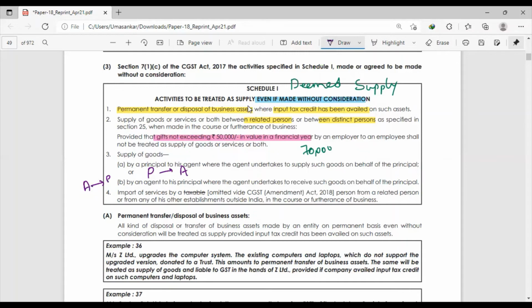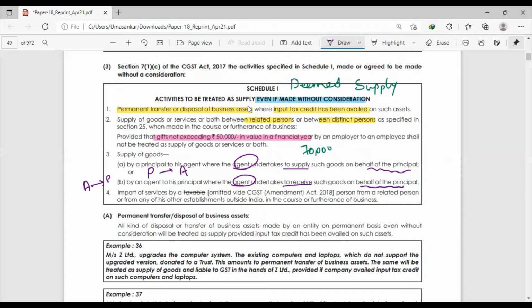So here the principal sends goods to his agent, who further supplies or receives such goods on behalf of the principal. Here the agent acts as a supplier, here the agent acts as a receiver.